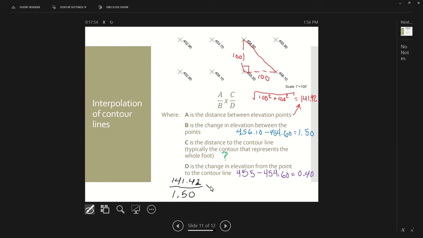We're trying to find C here. So C is there, and then we put in D, 0.40. What does that equal? Punch it out quick.